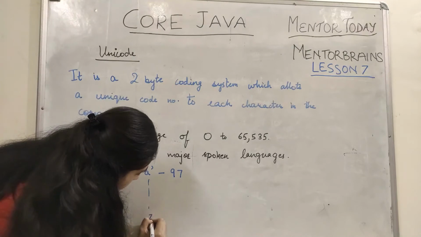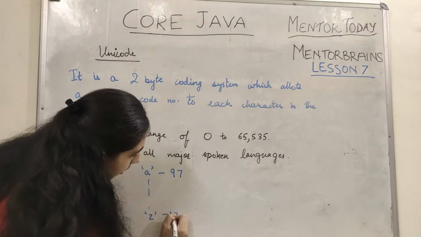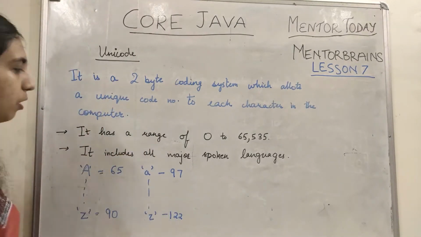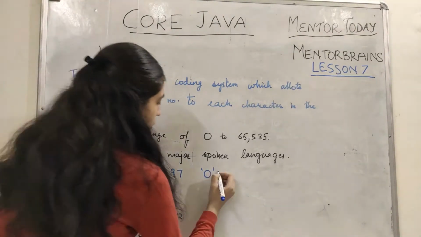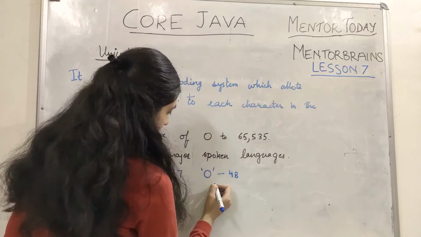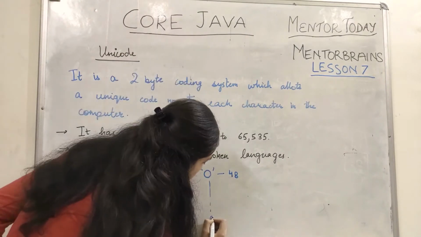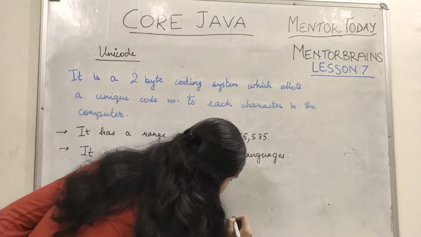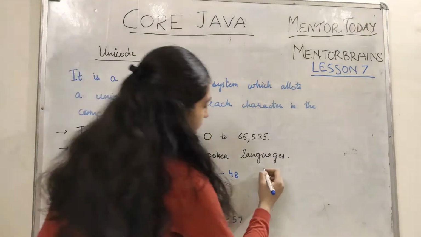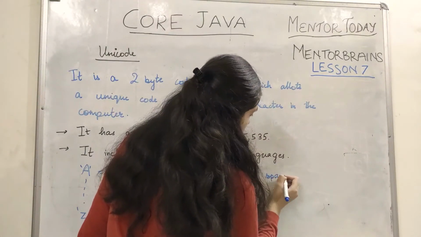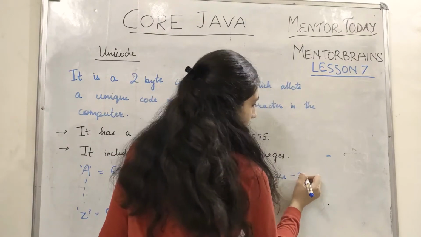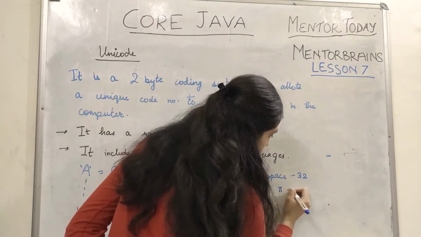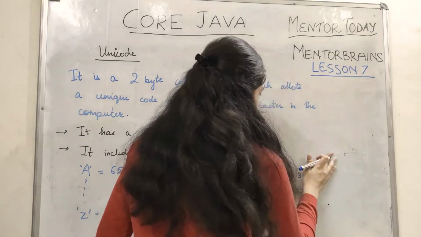Going on to small z, it is 122. Then the Unicode of 0, where 0 here is a character, not a number, is 48, and going on to 9, which is 57. Now, the Unicode of space, the normal space bar space, is 32, and the Unicode of pi is 227. So these are basic Unicodes.